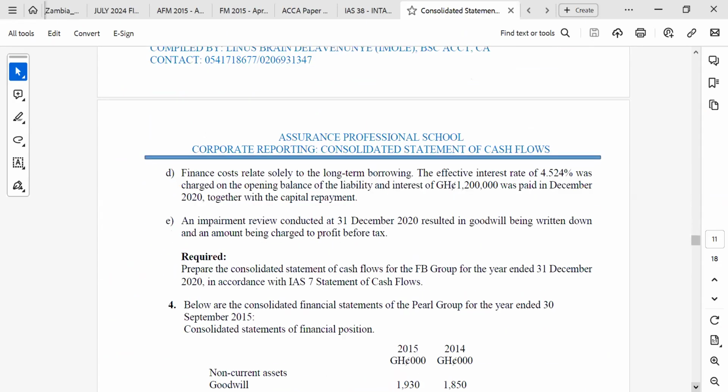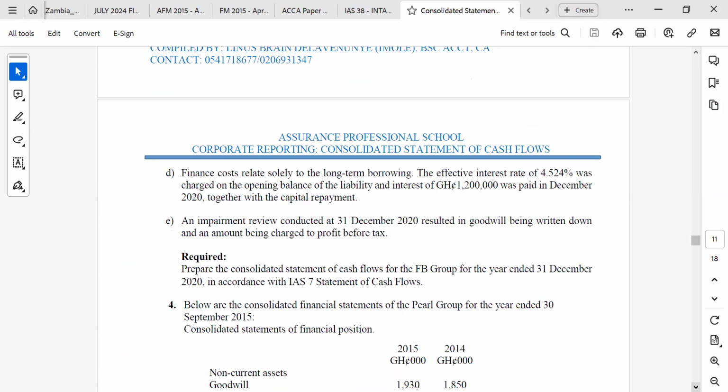Okay. Note D: finance cost relates solely to the long-term borrowing. The effective interest rate of 4.52 was charged on the opening balance of the liability, and interest of 1,200 was paid in December 2022 together with the capital repayment.